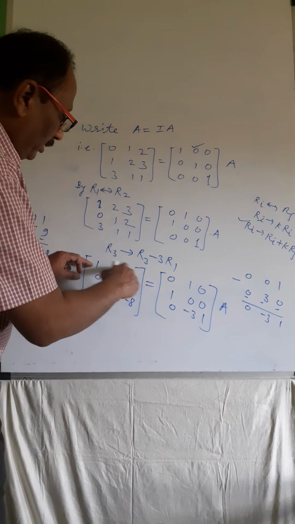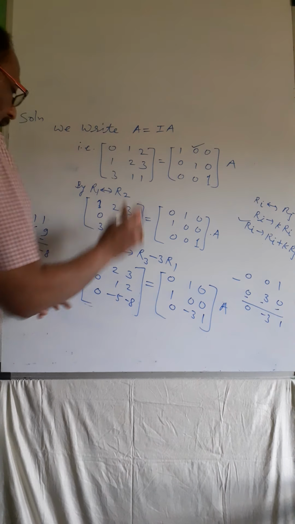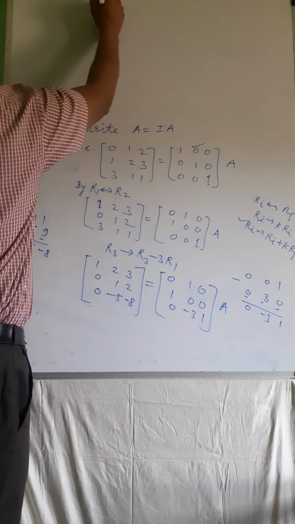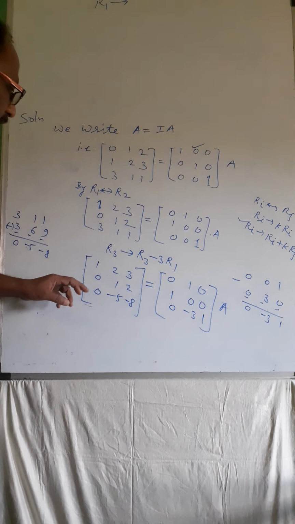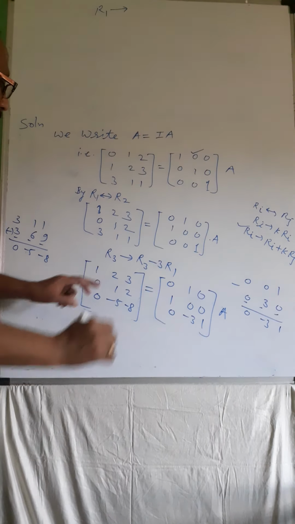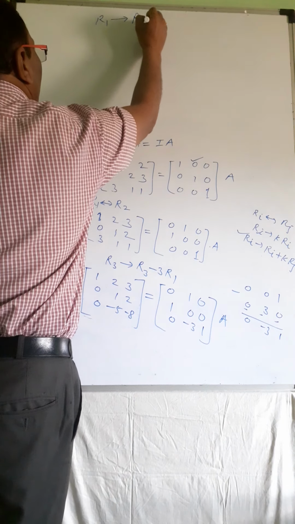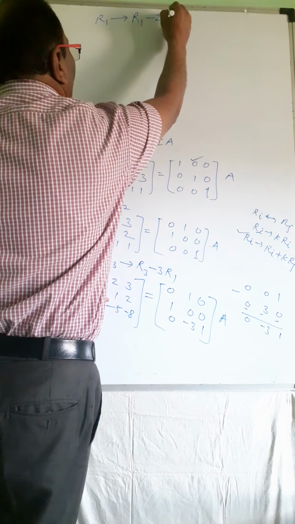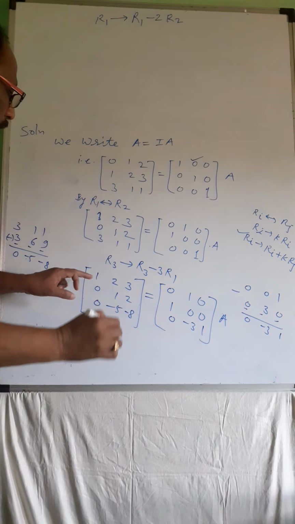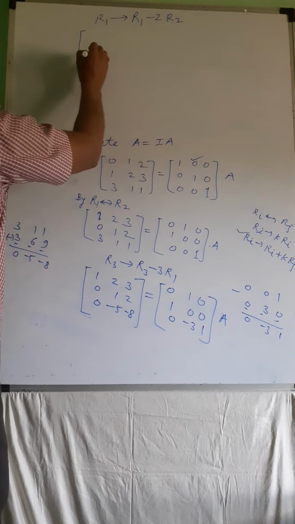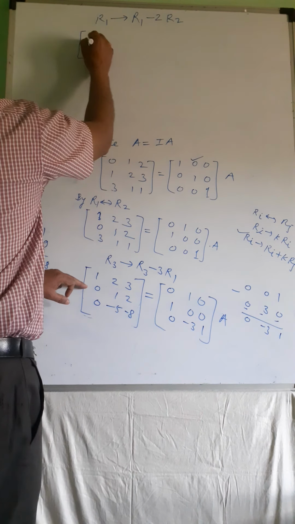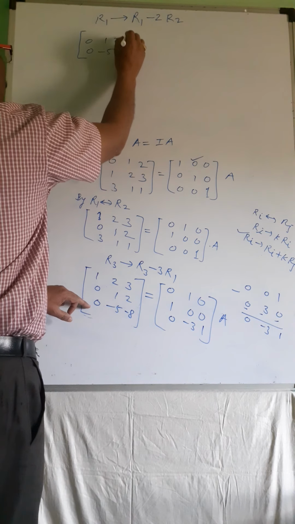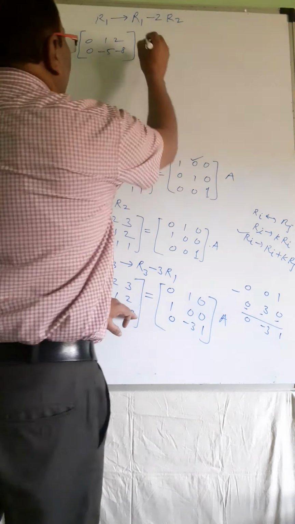R1 will change: R1 changes to R1 minus 2 into R2. We write here the second row 0, 1, 2... the third row 0, minus 5, minus 8.